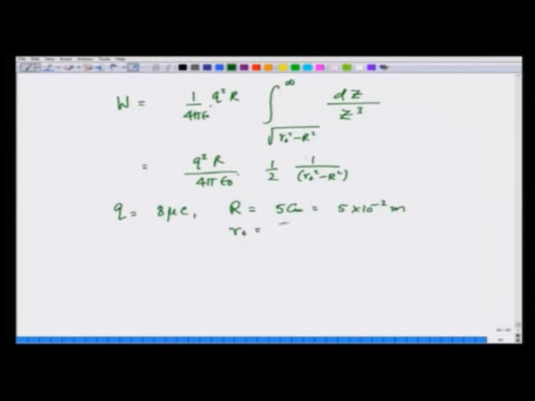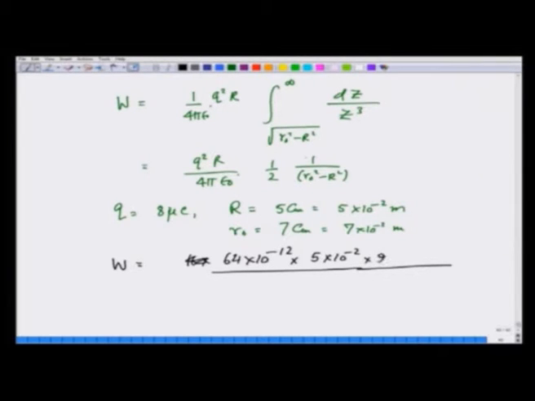R naught is given to be 7 centimeters, which is 7 times 10 raised to minus 2 meters, and therefore, the answer I get is work done is equal to q square, which is 64 times 10 raised to minus 12, times r, which is 5 times 10 raised to minus 2, divided by 4 pi, 1 over 4 pi epsilon 0, which is going to be 9 times 10 raised to 9 divided by 2 times r naught square minus r square, which is going to be 49 minus 25 times 10 raised to minus 4.